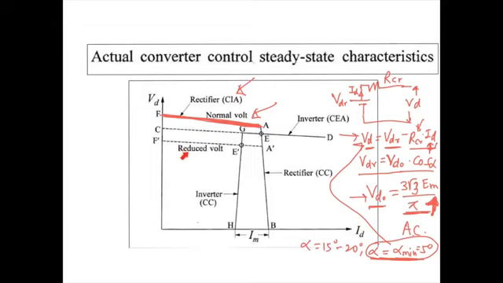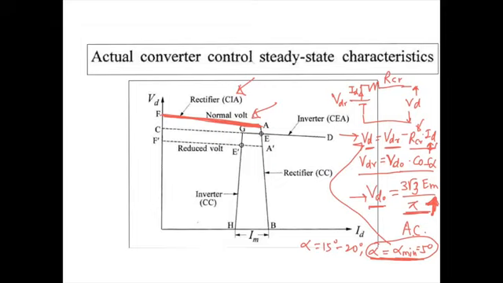Since the AC voltage on the rectifier side has reduced significantly, the new rectifier characteristic is represented by this dotted line F dash A dash, and since it is not intersecting the inverter characteristic, it is quite possible that the controller may run down and the power transfer from rectifier to inverter may be stopped.